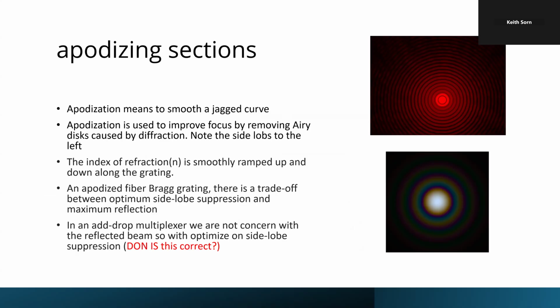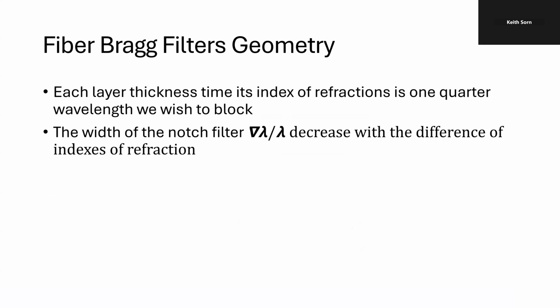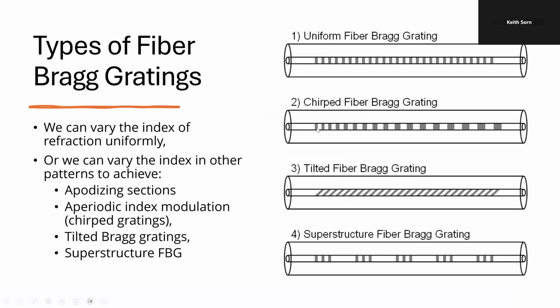So if we go back to this picture, we notice that the chirped fiber Bragg grating has these layers of higher index of refraction get wider and wider and wider. So it could uniformly go wider, wider, or we could actually make one where it goes narrow, narrower.